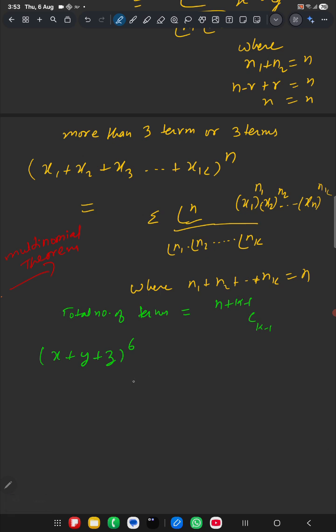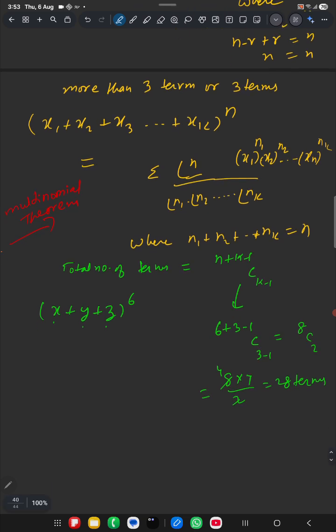Using this formula, n is 6 and k is 3 terms, so 6 + 3 - 1 is 8, C 2. 8C2 means 8 into 7 by 2, which is 28 terms. This is the way to use the formula.